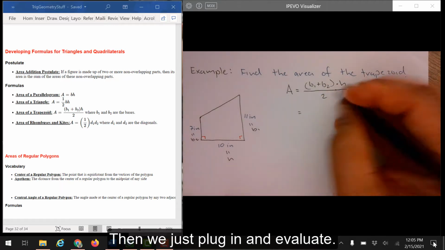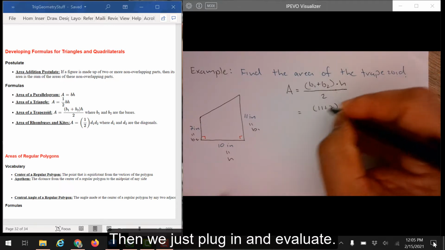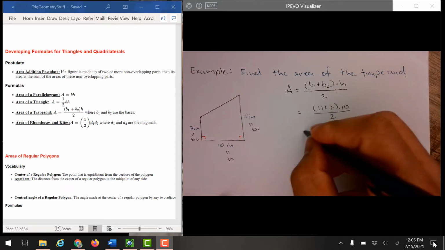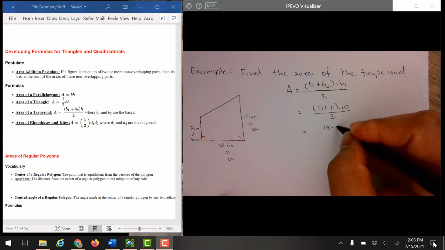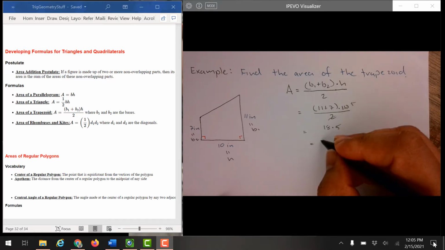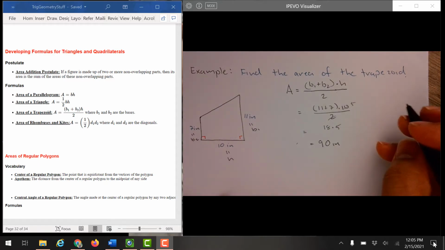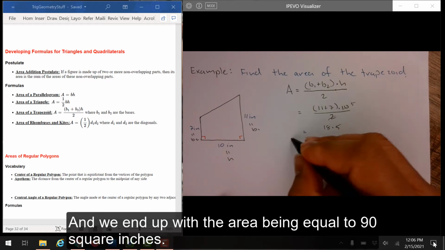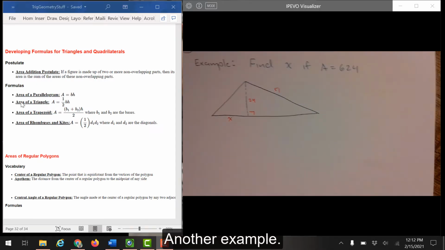Then we just plug in and evaluate. And we end up with the area being equal to 90 square inches. Another example.